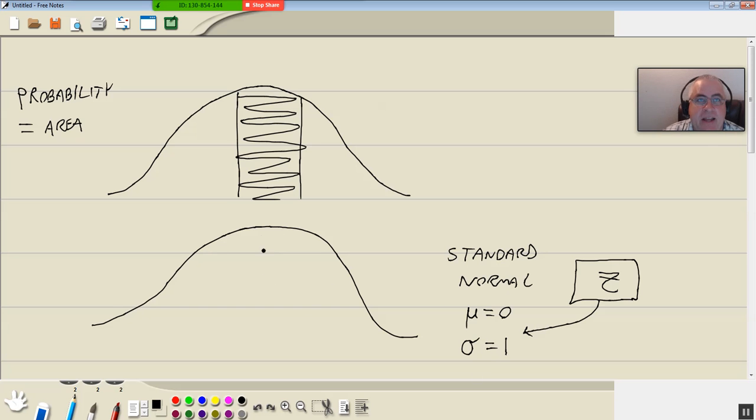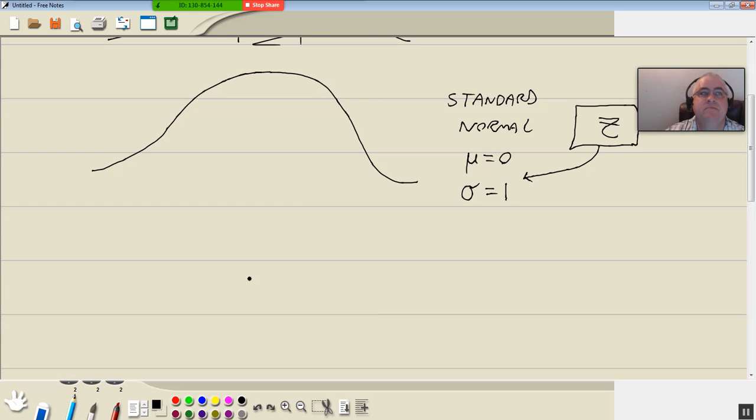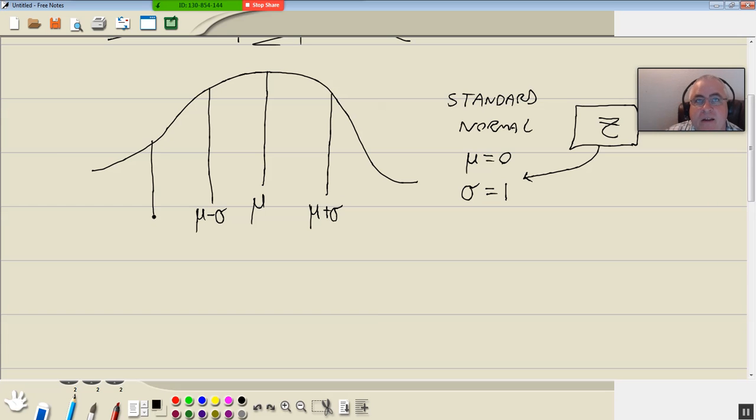Now, this standard normal distribution helps us to figure out how spread out our data is. For example, exactly in the middle here is mu. And this is mu minus 1 standard deviation. And this is mu plus 1 standard deviation.